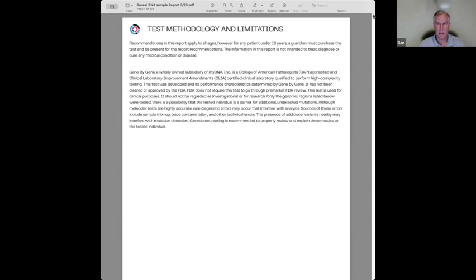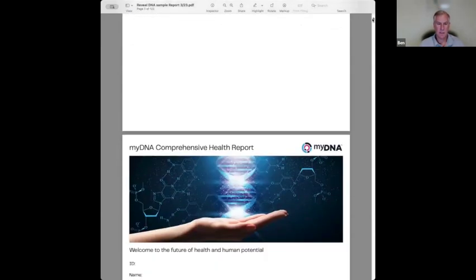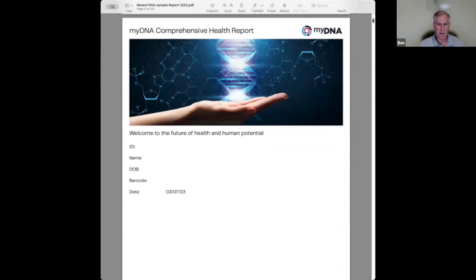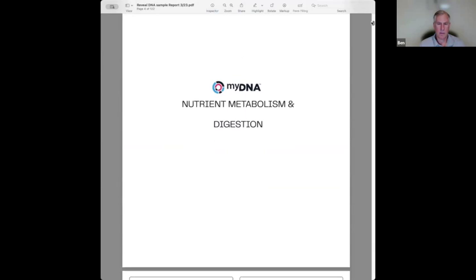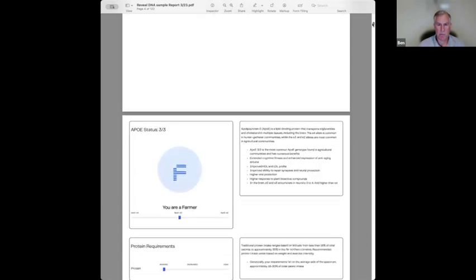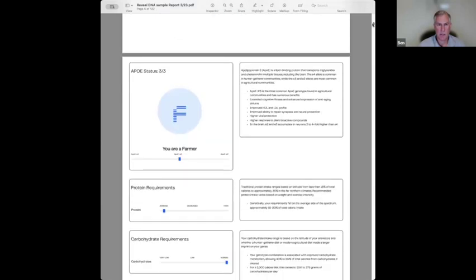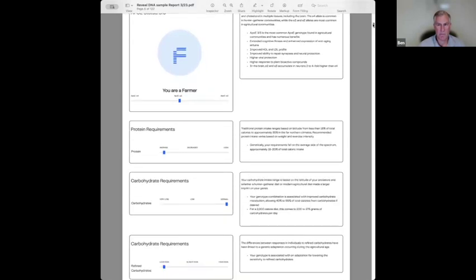Today we're starting with the beginning of the test, which looks like this, the comprehensive health report. And we're going to start with nutrient metabolism and digestion today. And we're going to talk about the beginning of the report, which is here, also known as our dashboard.